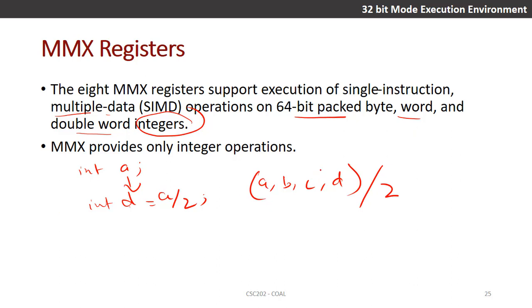So this is packed data, and if this integer takes, let's say, 4 bytes, meaning double word, then we can say this is double word packed integer. The problem with MMX technology was it could only perform on integers, so that was a limitation. MMX only works on integer data type.